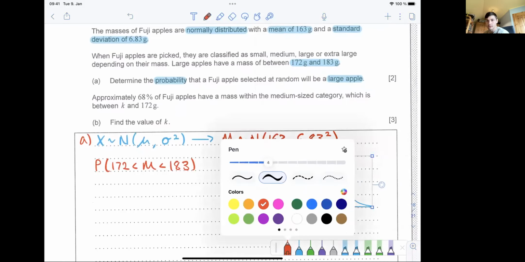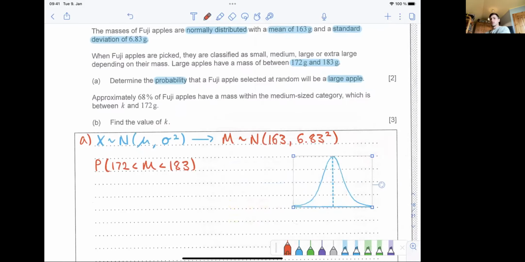Just a quick little one, and a couple of vertical lines to visualize the probability. So we are trying to find the probability that a randomly selected apple falls between this range here, where this lower number would be 172 and this higher number would be 183.